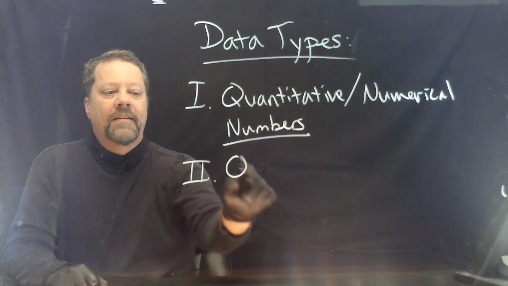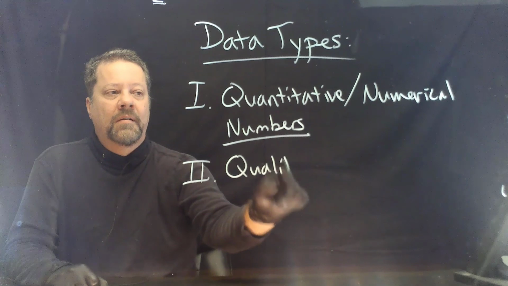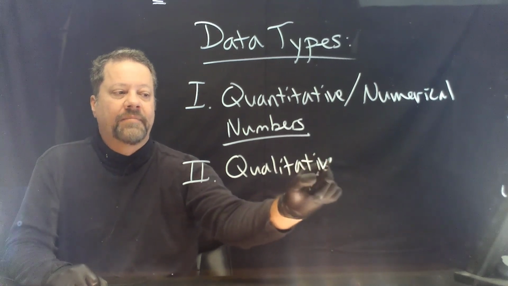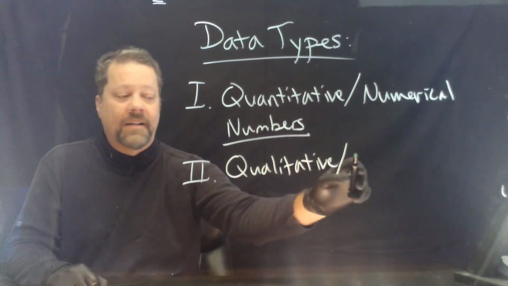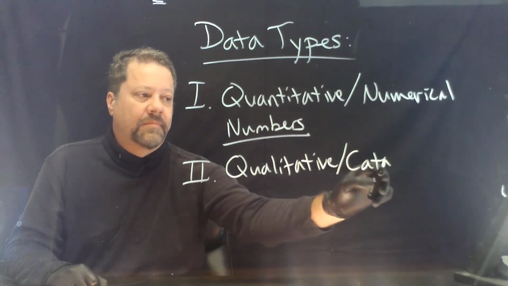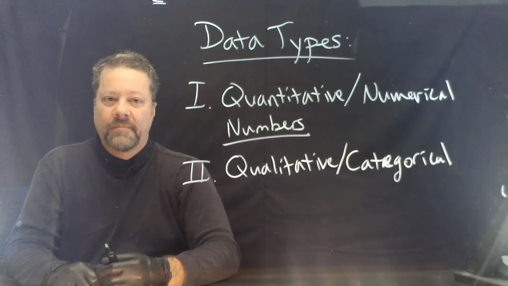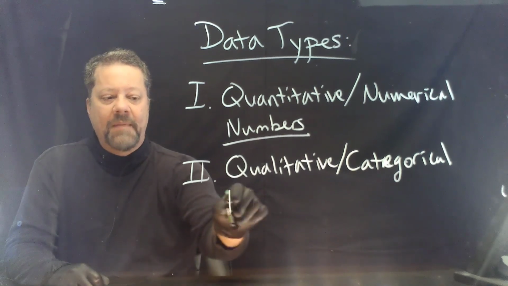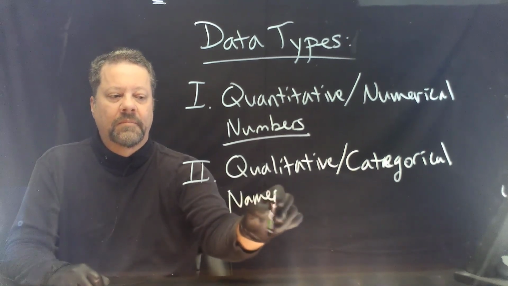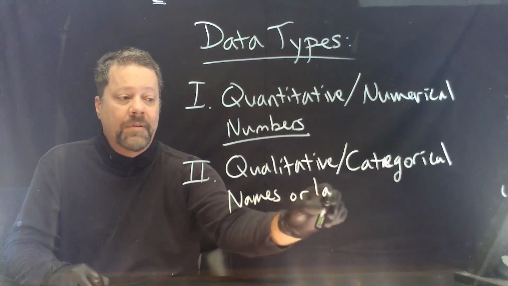Alternatively, there's qualitative data or categorical data. These might be names or labels.